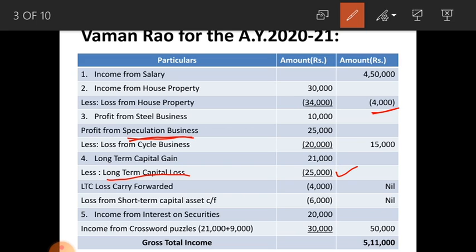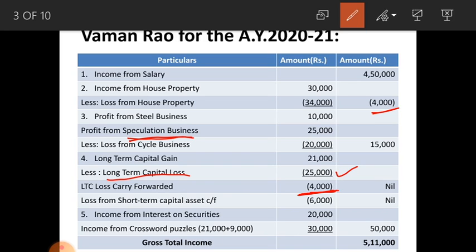That is why the remaining 4,000 rupees of long term capital loss is carry forwarded to next year to set off that loss against the income from long term capital in the next year. You cannot set off this 4,000 against any other income in this year. This loss can be carried forwarded to next 8 assessment years.